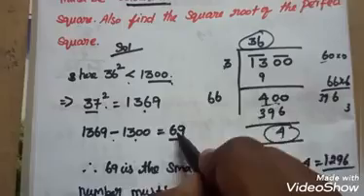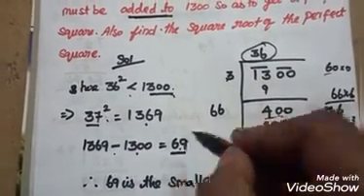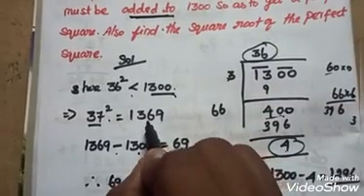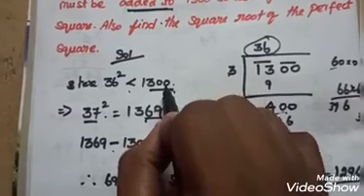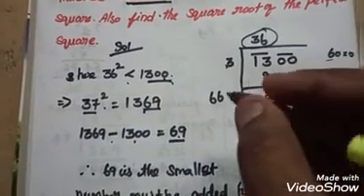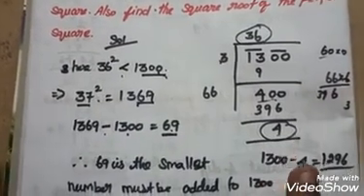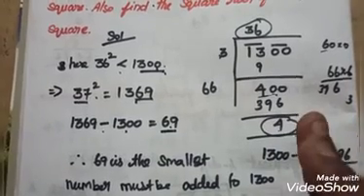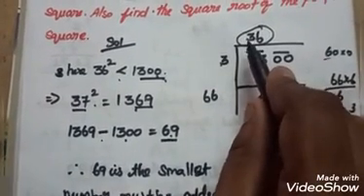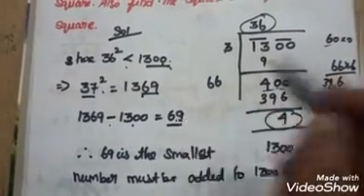If you add, so now we need to add, 69 is the adding number. You got 1369; you must add the 69 to the 1300, and you get the perfect square. So that's the shortcut way: you get the remainder, and for subtraction you directly subtract. Addition means you go with the next square number of this quotient, and you subtract, and you get the smallest number to add.